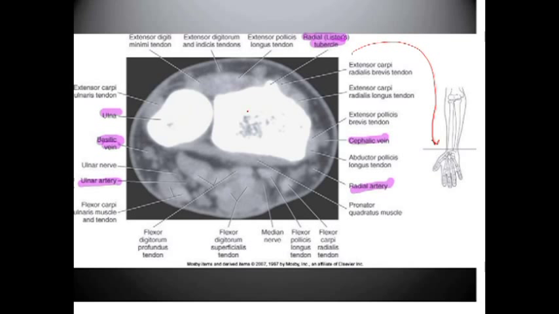The reason we can assume this is because this is the radius, this is the ulna, and notice how large the radius is in comparison to the ulna. We know that to be true. Notice we have this little bony prominence here that's sticking up. This is Lister's tubercle. We're not going to worry about the ulnar artery, cephalic vein.